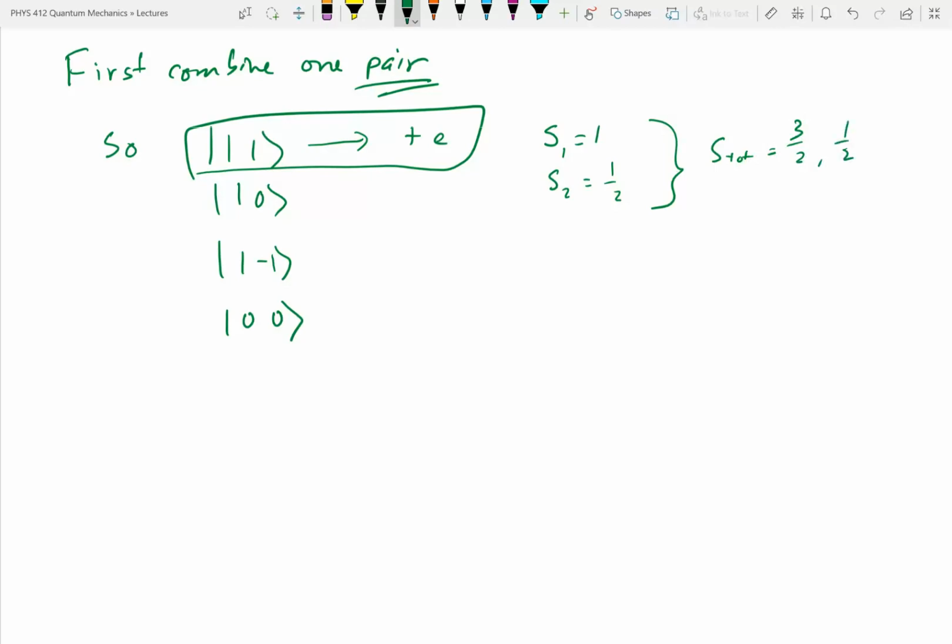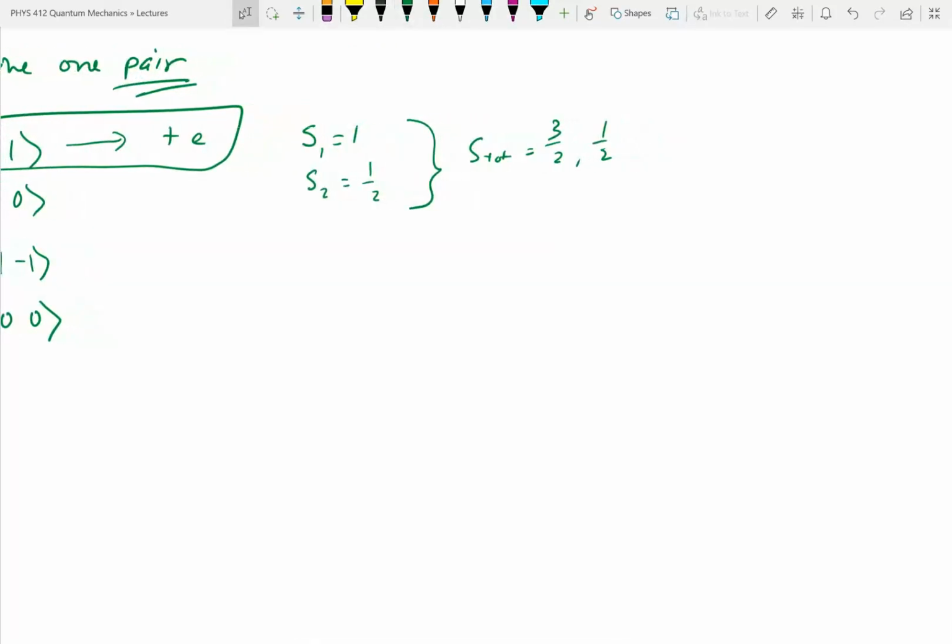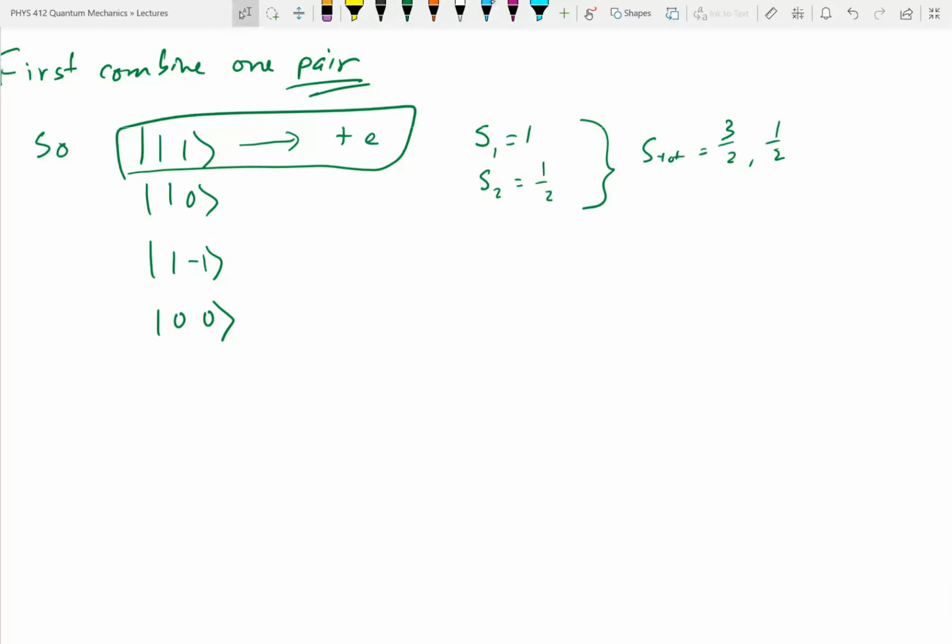And I can use my Clebsch-Gordan table for 3/2, 1/2 to find what my superposition states are for each one. And so I would find my superposition state with the 1, 1 and the final electron to get my total state for 3/2, 3/2, and 3/2, 1/2, and 3/2, minus 1/2, and 3/2, minus 3/2, and so on.